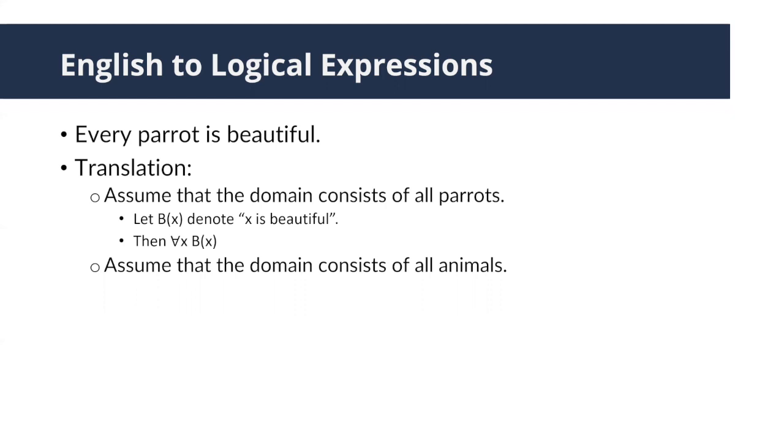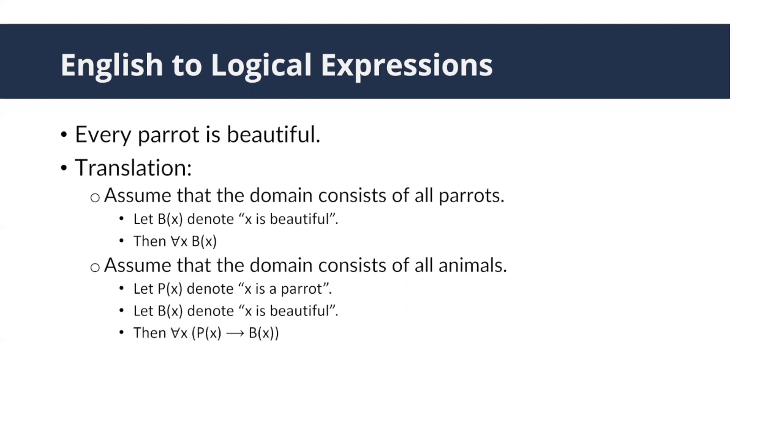Then we need to introduce another predicate to describe X's property. So we introduce two letters. Px denotes that X is a parrot. Then we use Bx to denote X is beautiful. Now, the logical expression should be for any X, if Px, then Bx.